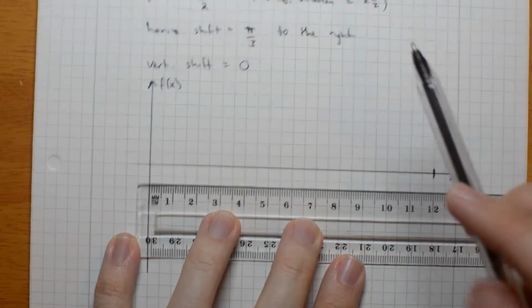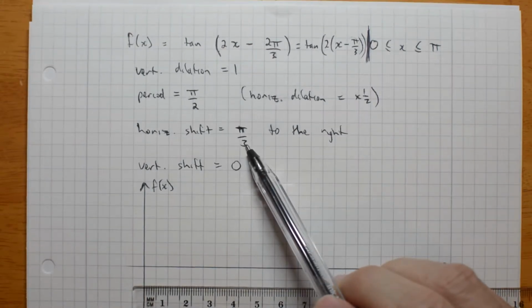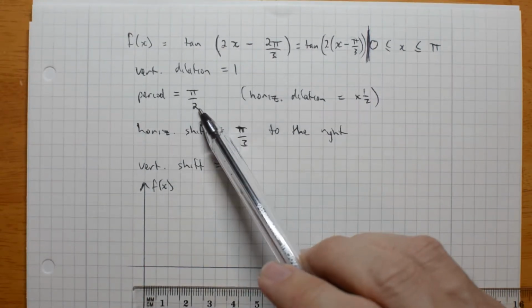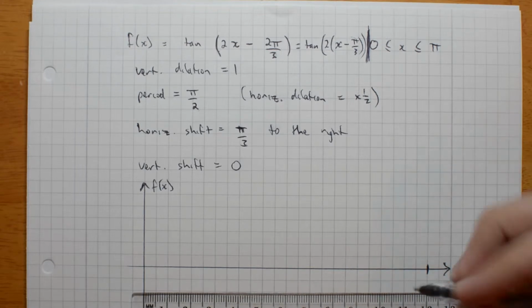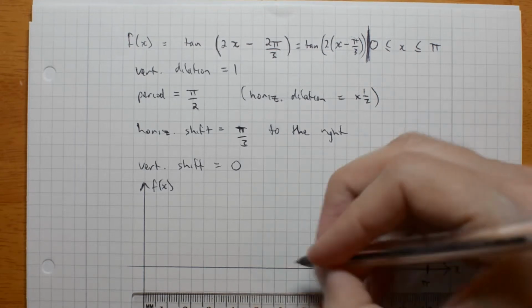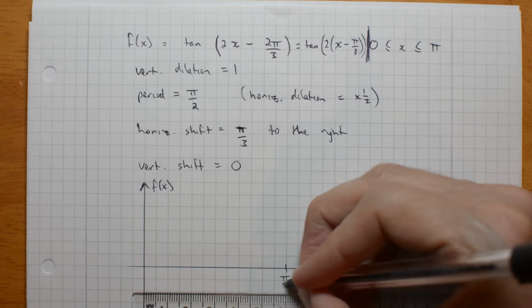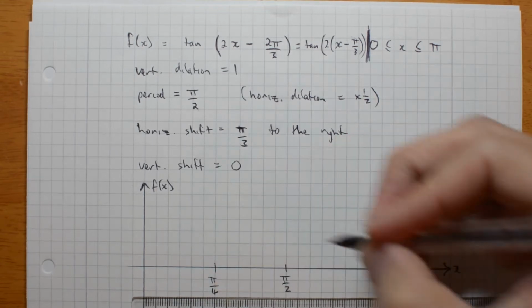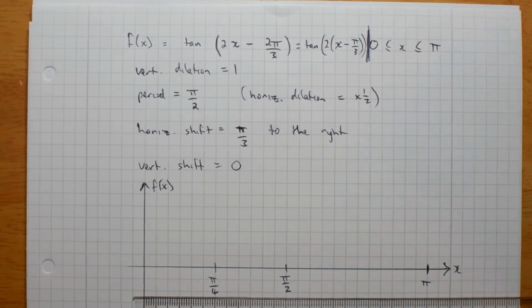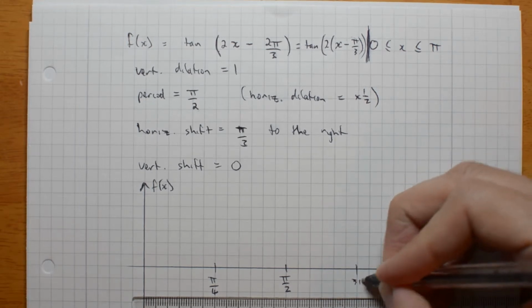Here's a hint. I've got thirds and I've got halves, so I'm going to have quarters. So I'm going to be combining thirds and quarters later, so let's divide it into twelfths. There's pi and there's pi on 2. Let me mark my pi on 4 as well and my 3 pi on 4.